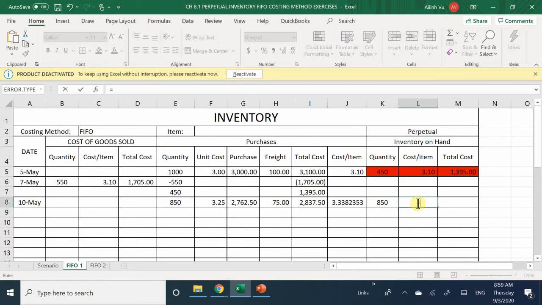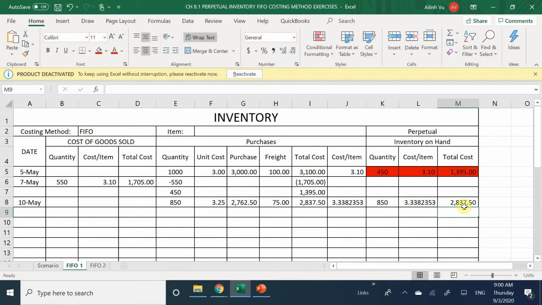And right now, we want our cost per item, this $3.338, and so on and so forth. And we're going to multiply across. Okay, so now we get a grand total of $2,837.50.